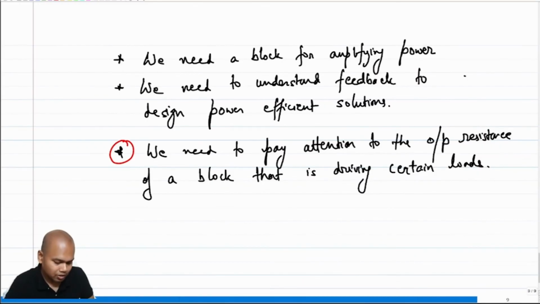So I will post an assignment in the first week, which will be a refresher on figuring out output resistances, or rather resistances of different types of linear time invariant circuits. You can go through them, and this first assignment will be a refresher or a revision of the concepts that we already know from our previous experiences of dealing with basic circuit theory, and we can then take it forward from there.